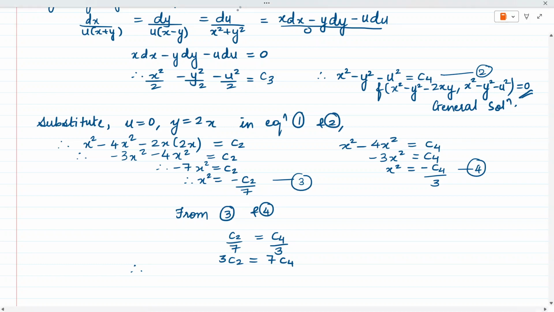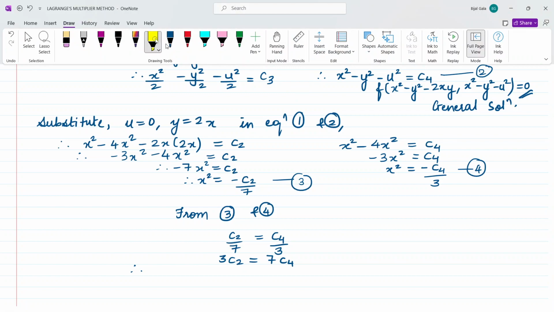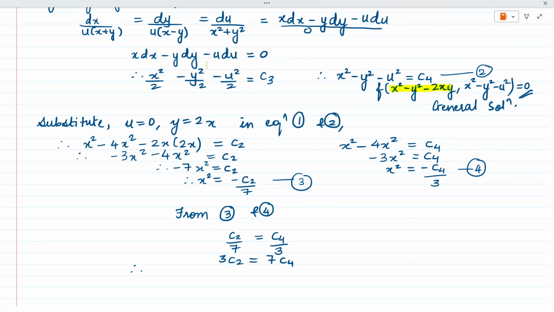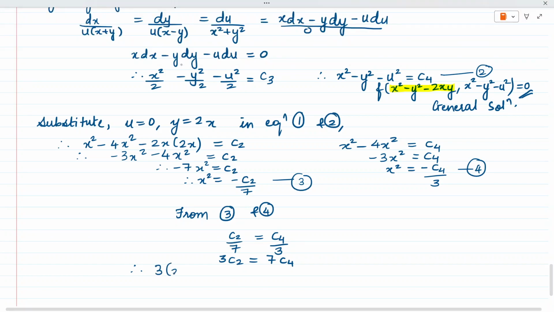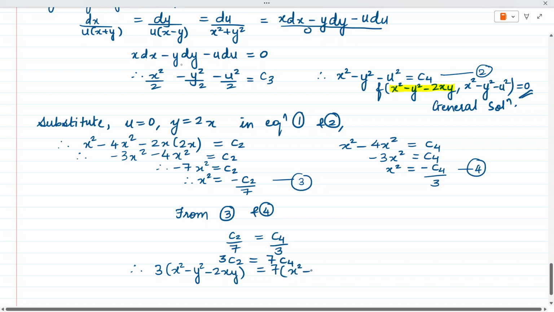Equation number 1 से ये equation मिला, right? This equation is from equation number 1. So 3 times x square minus y square minus 2xy. 7 times c4 equation 2 से आएगा.